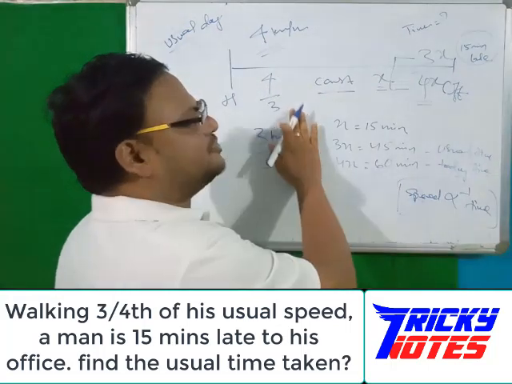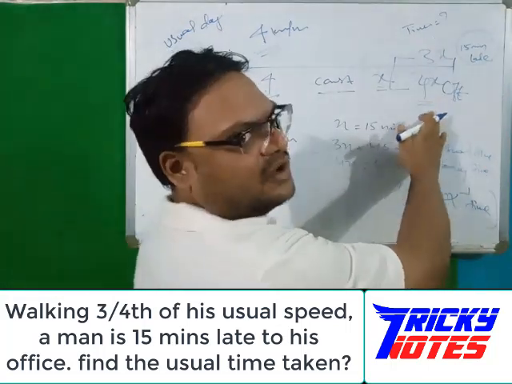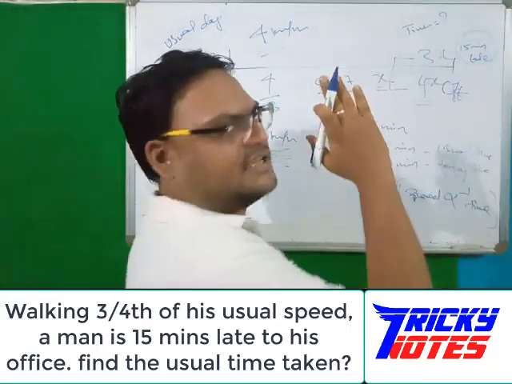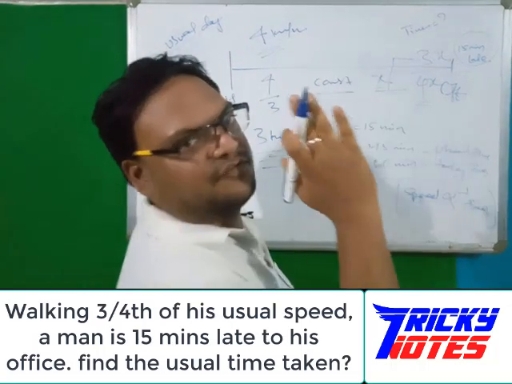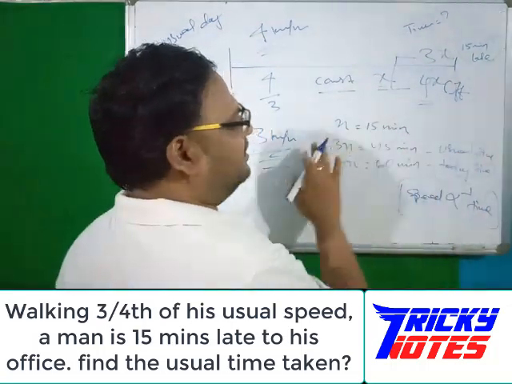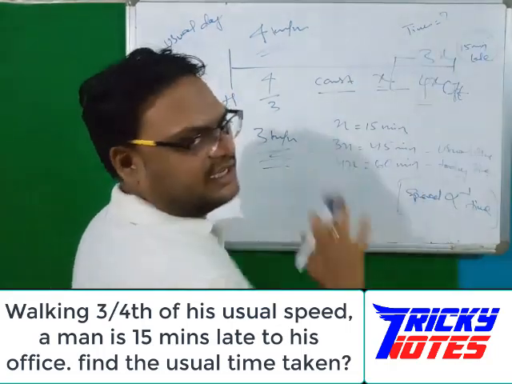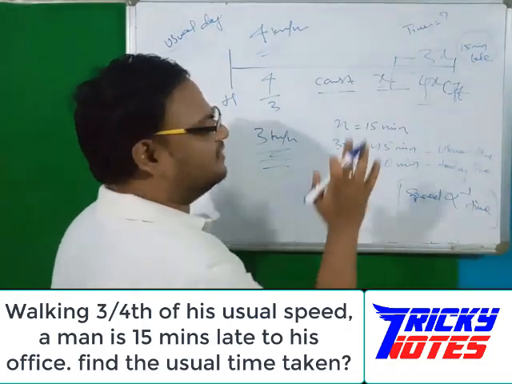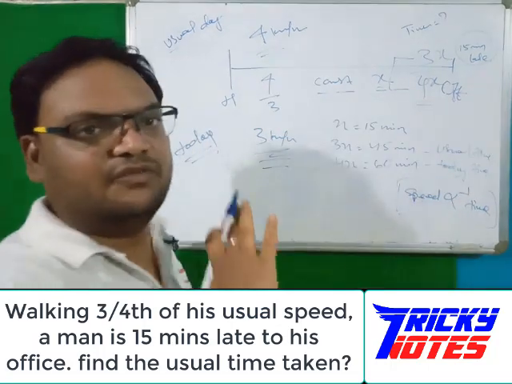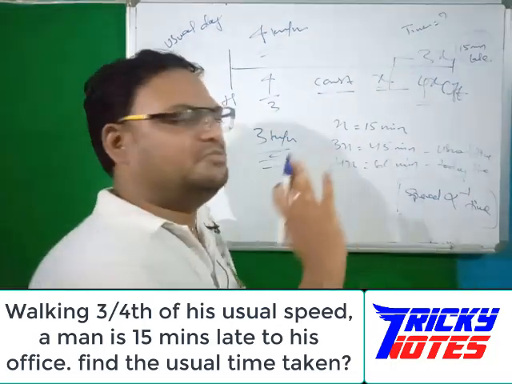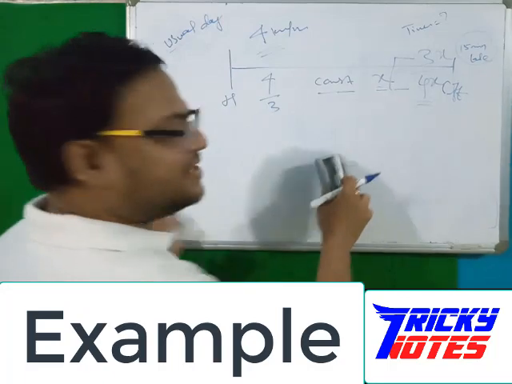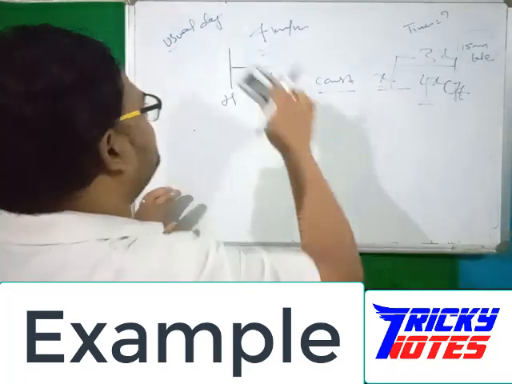If it is 4:3, this will be 3:4. So every day if he is taking 3x minutes of time, today he is taking 4x minutes of time. So what increases is x. X is equal to 15 minutes late he is given. So 3x is equal to 45, 4x is equal to 60. Whichever the question is asked, you can put it as it is. Based on this, sometimes the question also comes.